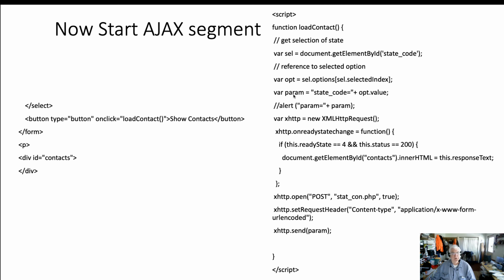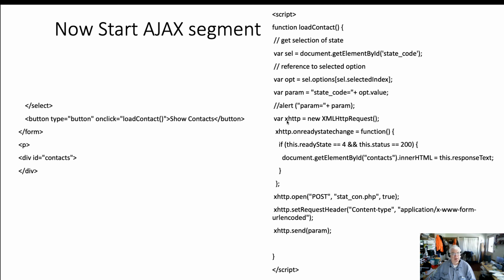And the parameter I'm going to send in is going to be state code equals plus opt.value. Now I will tell you that when I was debugging this code, I had a space between the equal sign and the quote mark, and it didn't work. And alert, this is where I was trying to see what I had in param. You'll often, when you look through my old code, see places where I've commented out alert statements for debugging.